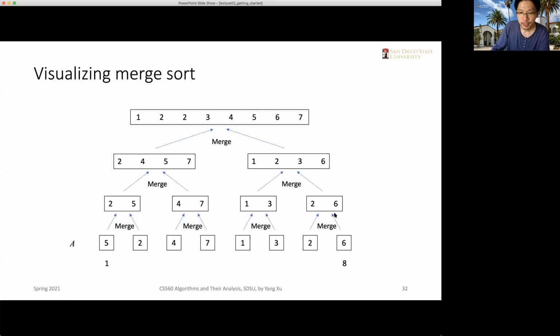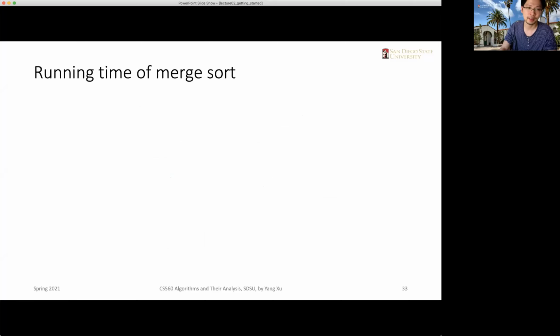All right, we have a couple more slides to go because we want to not just know how merge sort works, but also see where the advantage is, like how it is a better algorithm than insertion sort. All right, so we basically want to analyze the running time. Now we have a difficult question.